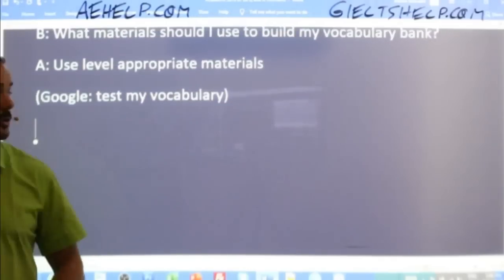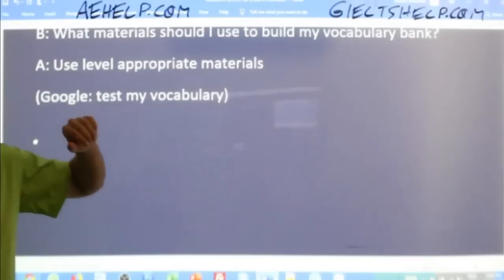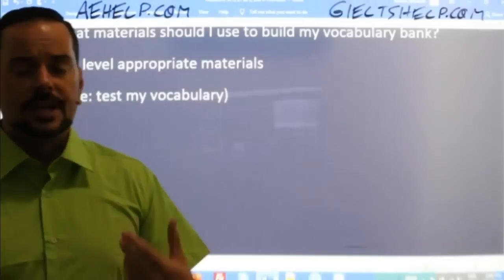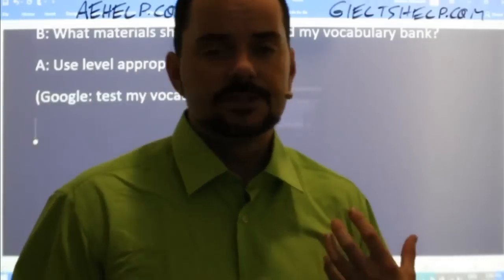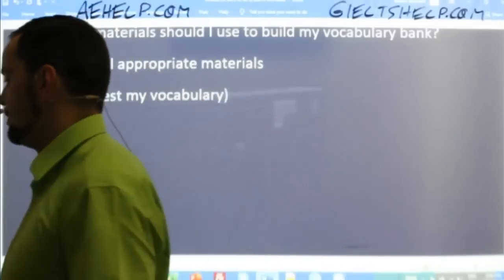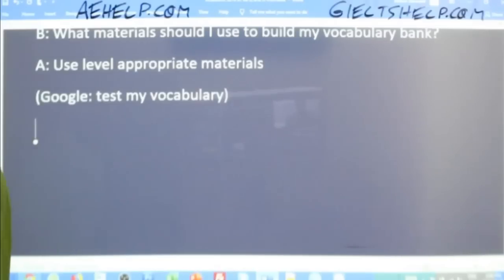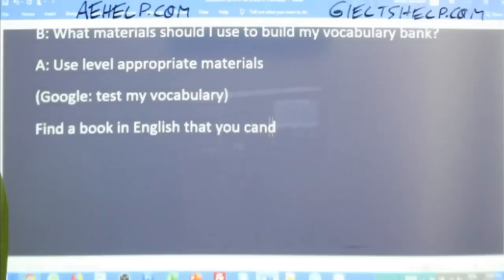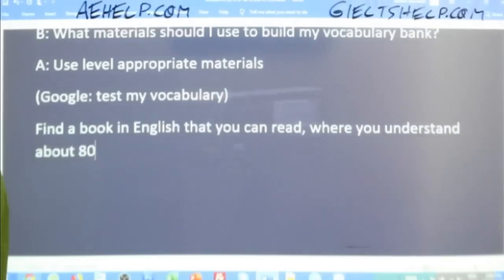is when you know your level, you can find a book, a novel in English. It doesn't matter if it's an e-novel on a Kindle or if it's a paperback. Find a book in English, of course, that you can read where you understand about 80% of the words.